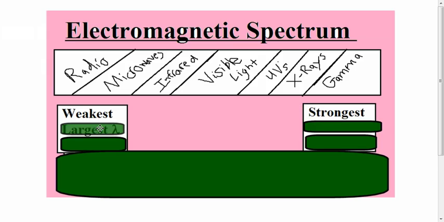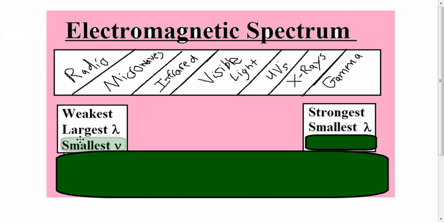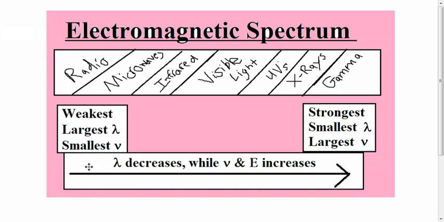Radio waves have the largest wavelength. These guys have the smallest wavelength. Radio waves have the lowest frequency, and gamma rays have the highest frequency. And as you move across the electromagnetic spectrum like this, the wavelength goes down and the energy and the frequency go up.